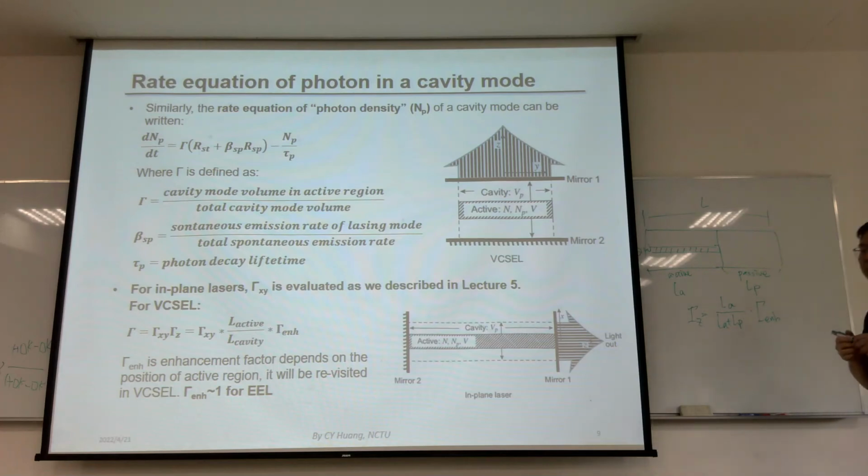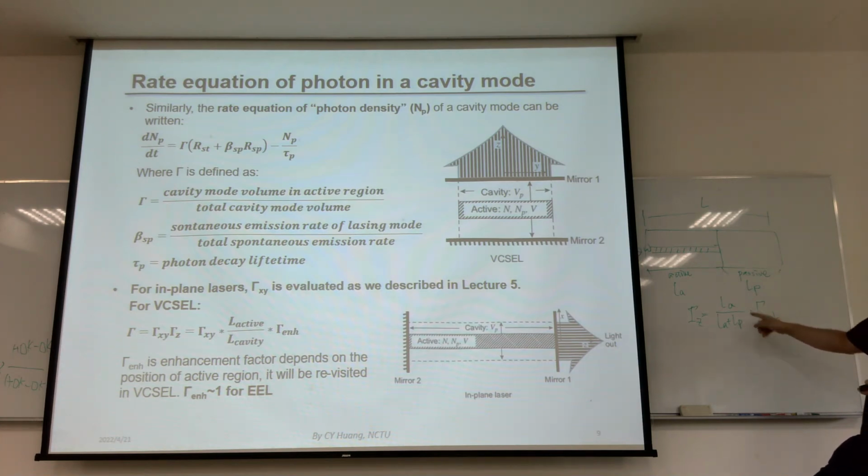Okay, so a new concept keeps coming out. What does the enhancement factor mean? Enhancement factor means that if your cavity is so small, it is important to see whether the active region sits at a node or at the maximum of the electric field. If the interaction is at its maximum, then your confinement factor will be enhanced.